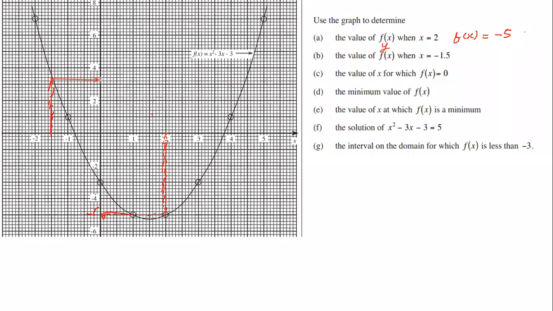What's the value? What do you get? 3. Is it 3 or 3 point something? My eyesight is not good, so you guys have to tell me. 3.1, sir. So that means it barely passes 3.